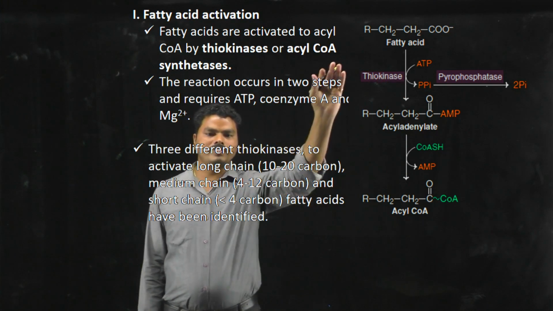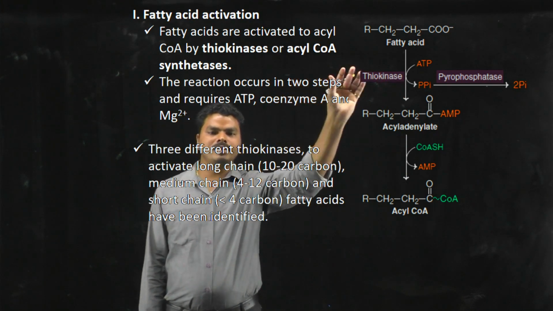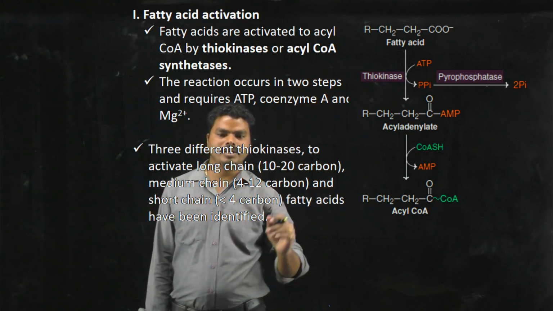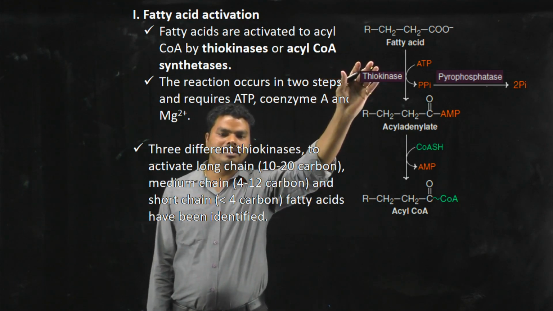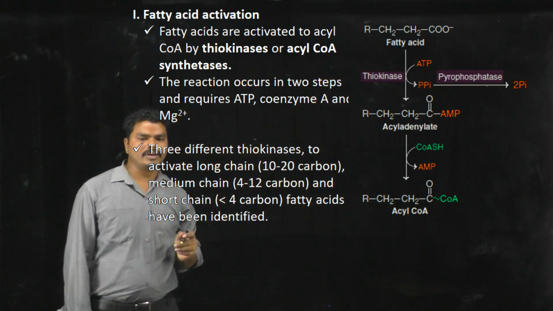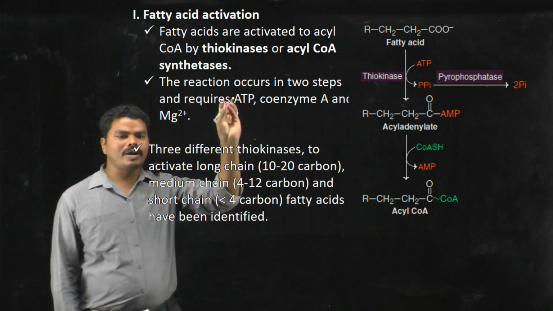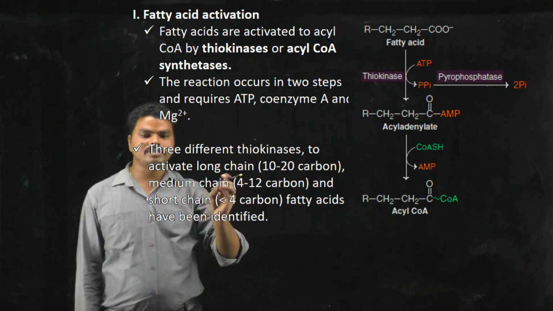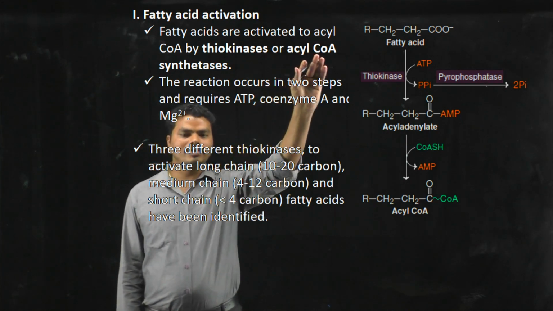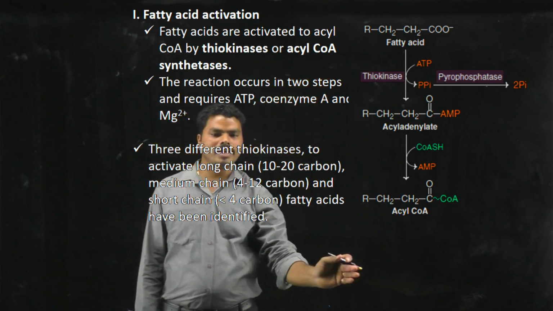If it is a medium chain fatty acid, another type of thiokinase system is required. If it is short chain, a third type is required. So for each type of fatty acid, a particular thiokinase system is required to convert these different fatty acids into acyl-CoA.